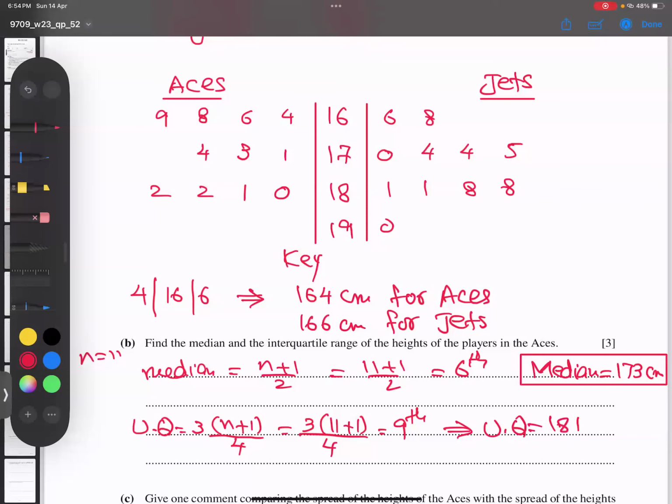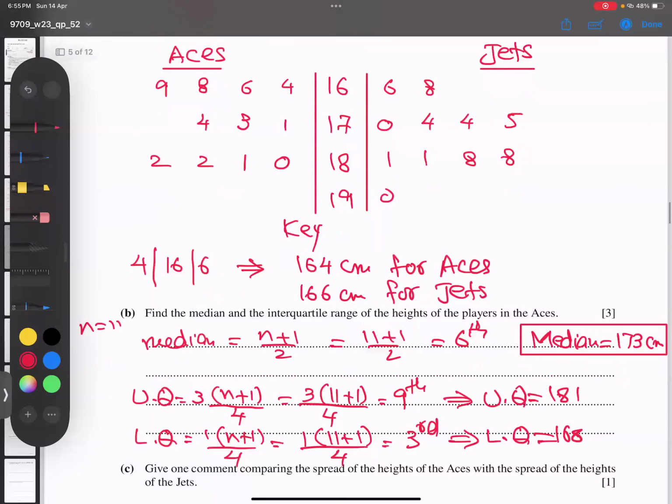181. Okay. So what do you want? Lower quartile. Lower quartile is 1 times (n plus 1) by 4. So 11 plus 1 by 4. I got the third term. So third term, 4, 6, 8. 168. So the lower quartile is 168.